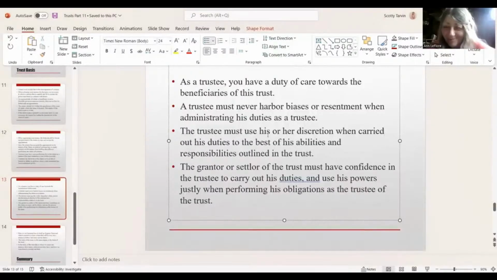The grantor or settlor of the trust must have confidence in the trustee to carry out his or her duties and use his or her powers justly in performing his or her obligations as the trustee of the trust.